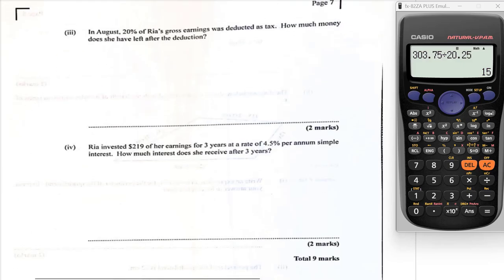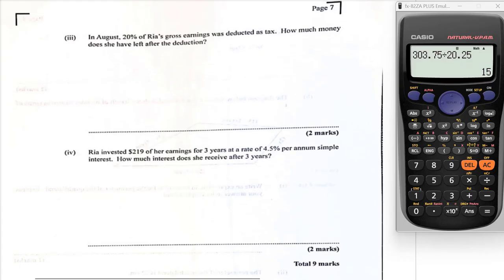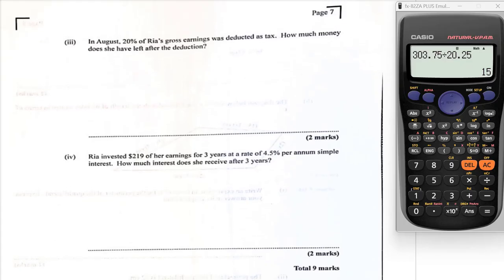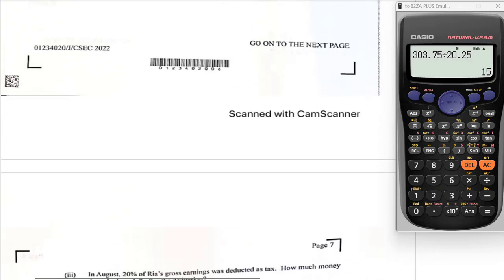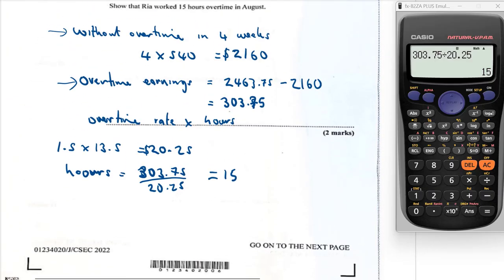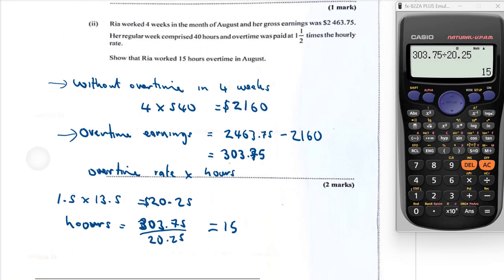So this is the next part of the question. I mean, it's not done as yet. In August, 20% of her gross earning was deducted as tax. How much money does she have left after the deduction? So let's go back to how much money she made in August.